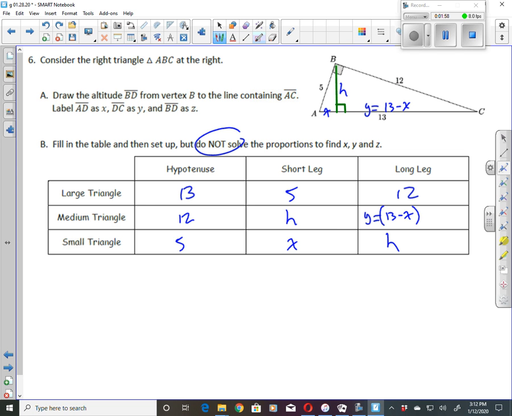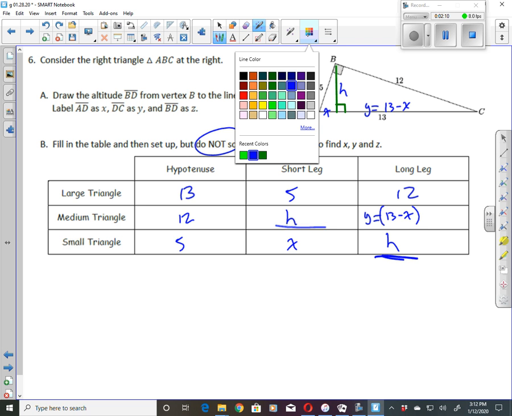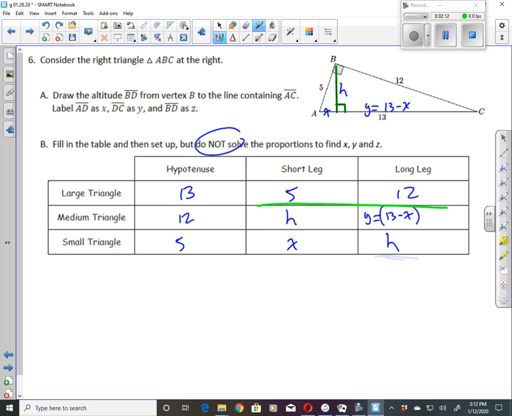Now, a couple of things I want you to see, you guys. We're going to play with this, develop this as we go. But notice I got a couple of h's there that are within, if you will, within a proportion. That's important later on. If I use these two and these two, notice that I've got long legs.